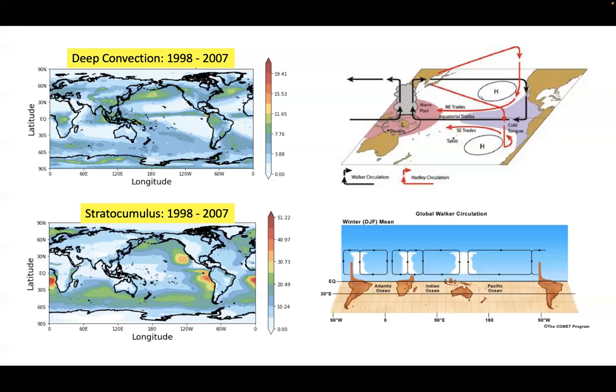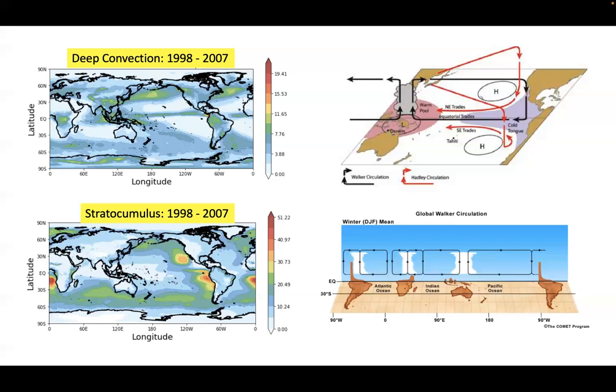These two cloud types are the two most important cloud types from a climate perspective. The stratiform clouds, stratocumulus clouds, are the cloud type that cools the planet because they reflect so much sunlight. They do not trap much infrared radiation because they're close to the surface. Whereas deep convection both reflects sunlight and traps infrared radiation and generates rainfall.